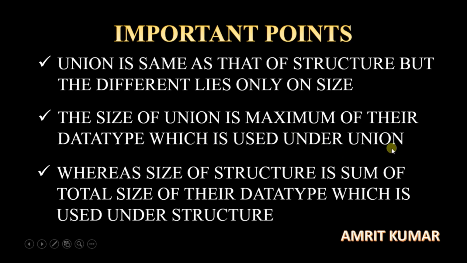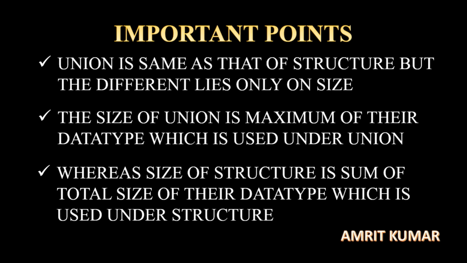You are getting the point? Suppose I am using the integer data type and double data type in a union. Then the maximum of their data types means double has the maximum size; integer has 2 byte of size in 32-bit memory, and double has 4 byte.